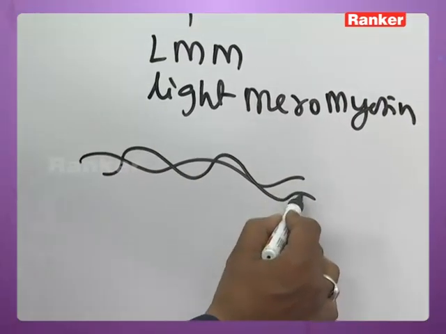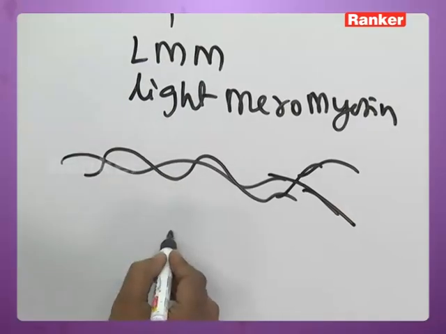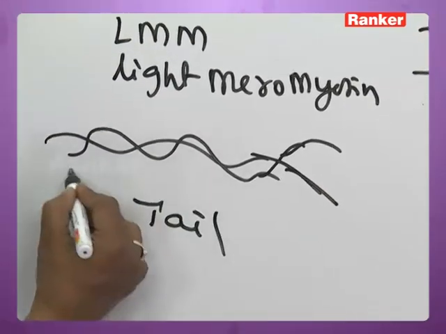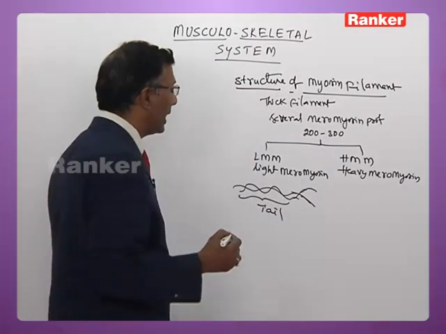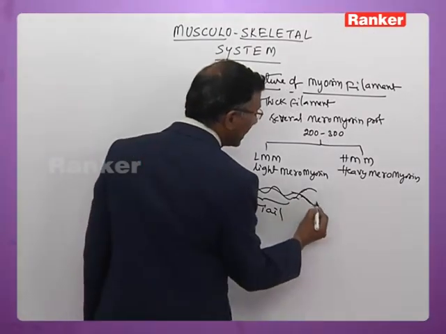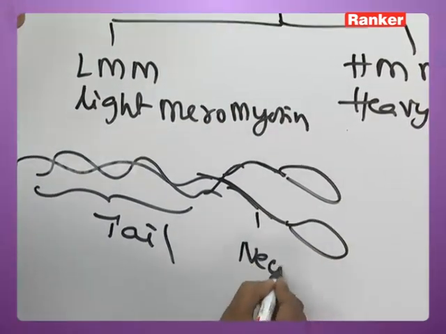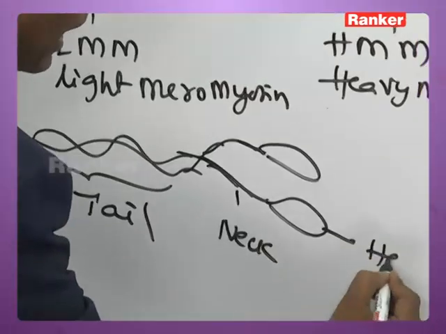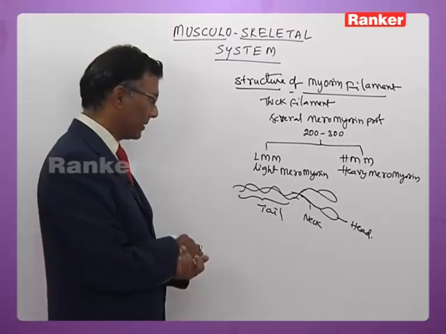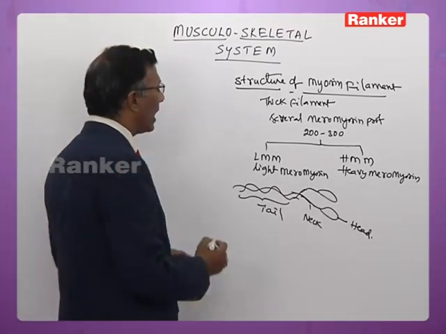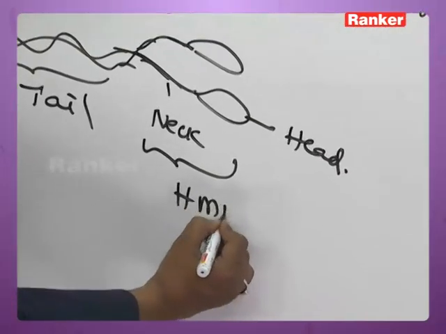Each myosin filament has a tail part, and the tail is made up of LMM. HMM forms the neck and the head. This part is called the neck and this part is called the head. The neck and head together are made up of HMM, heavy meromyosin.